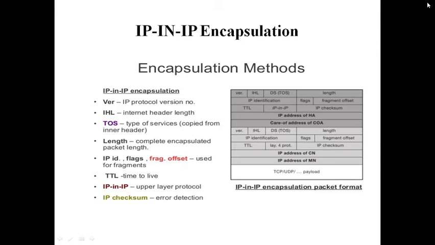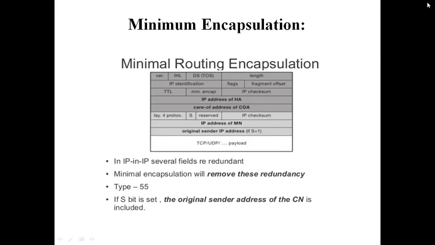Okay, and the second one is minimal routing encapsulation. You can call it minimum encapsulation also, either minimal routing encapsulation or minimum encapsulation. As we have seen in IP in IP encapsulation, several fields are redundant.